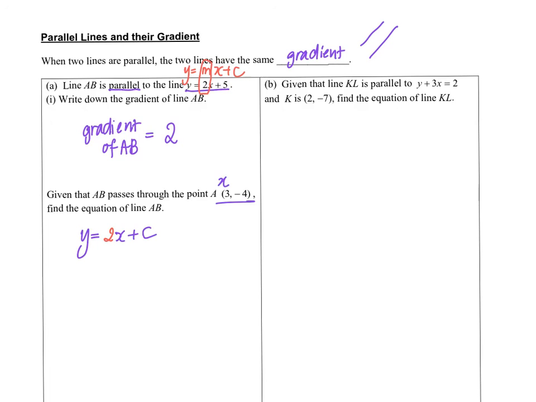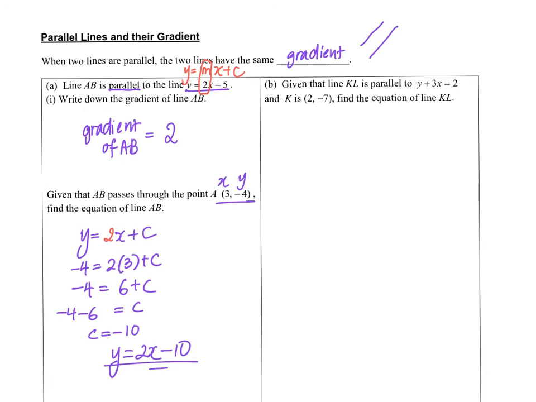I know x equals 3, y equals -4, as AB passes through the point A. So -4 equals 2 times 3 plus c. So -4 equals 6 plus c. c will be -4 minus 6. c will be equal to -10. But is this the equation? No, right? The equation will be y equals 2x minus 10.